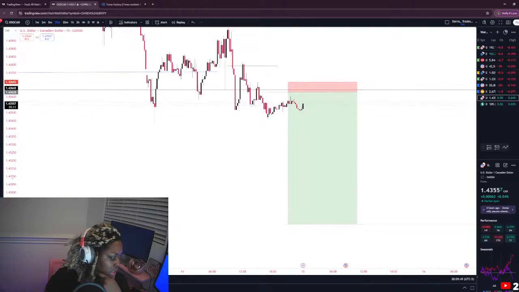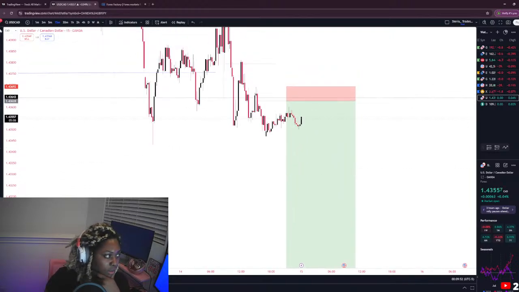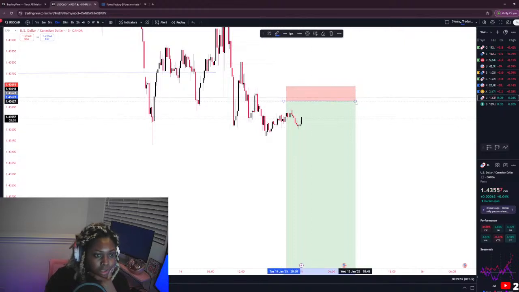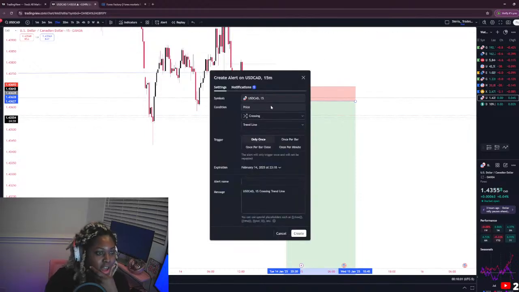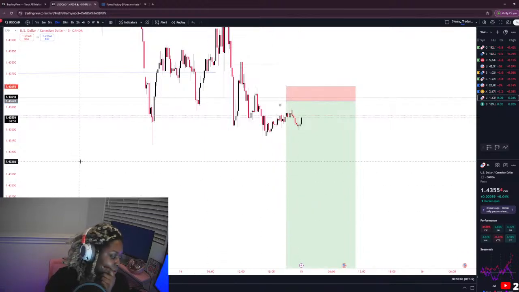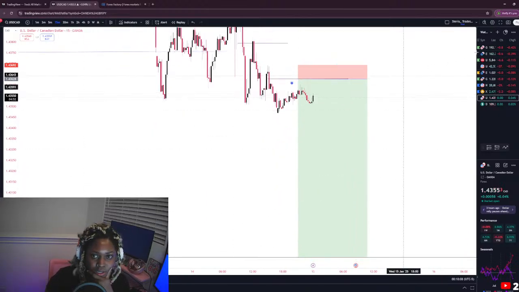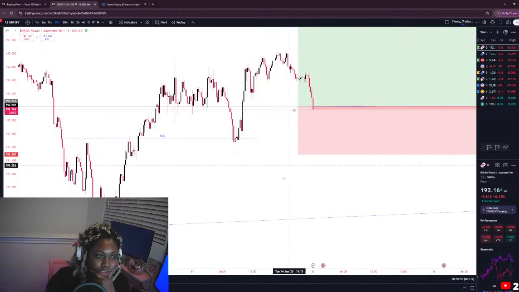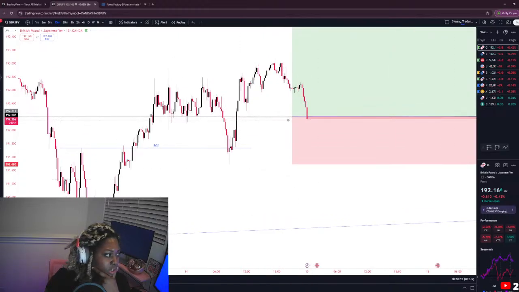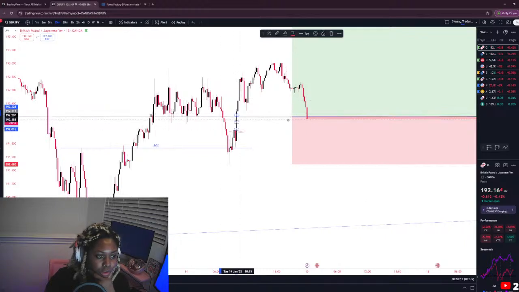So I'm going to set my alert, because we're still waiting on this to activate. And let's see. GJ is currently moving through. All right, it's a possibility it could come right there.